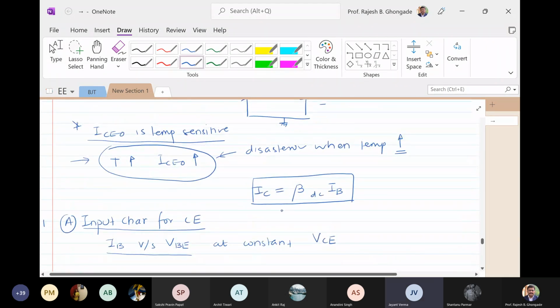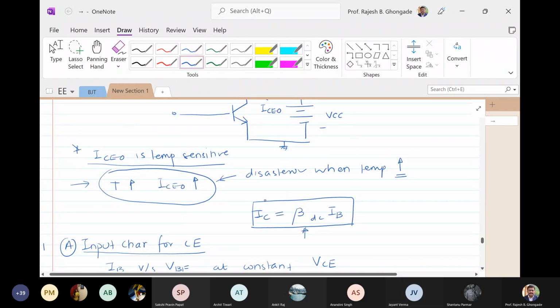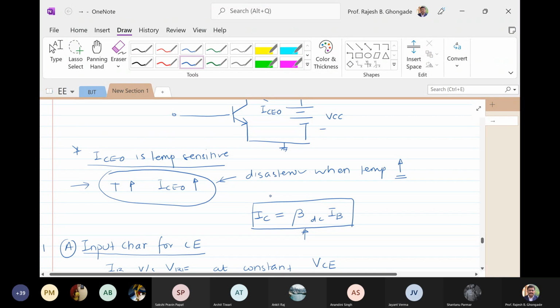Consider this equation. What is the relationship between IC and IB? IC is equal to beta DC into IB, right? Yes, sir. So if I want to find out beta DC, what should I do?